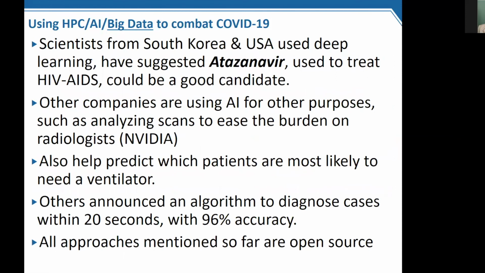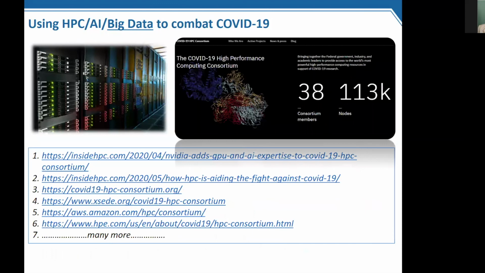And there's many more. They're even using AI to scan X-rays to figure out how far it's attacking the lungs, and they are able to do it within 20 seconds and with 96% accuracy. All of which I've described is only a small sample, and they're all open source techniques.